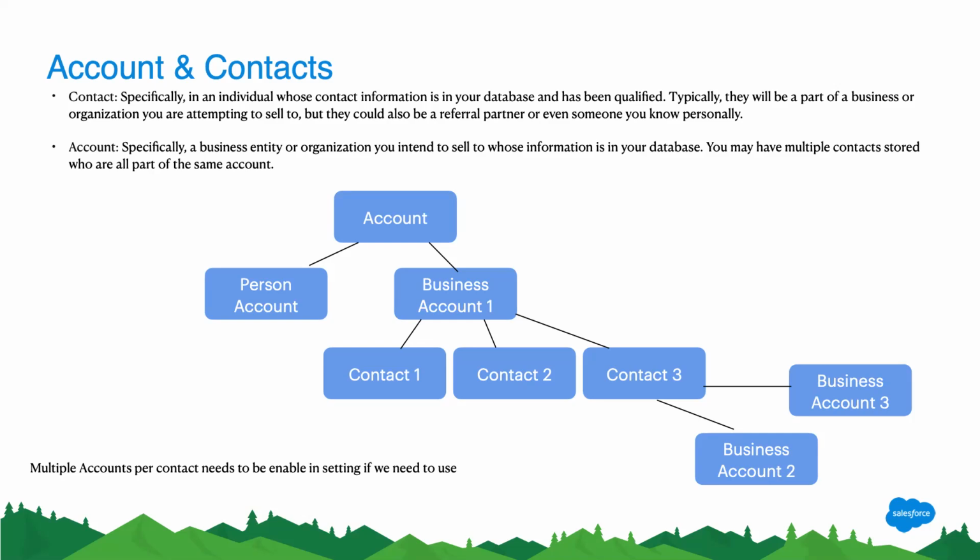And again, we have a special concept in Salesforce, multiple accounts per contact. That is also possible, but you need to enable it. When you enable it, you can have one primary account and a contact can work for multiple businesses. If you look at the diagram, contact 3 is working for business account 1, business account 2, business account 3, three businesses, while contact 1 and contact 2 work for business account 1.